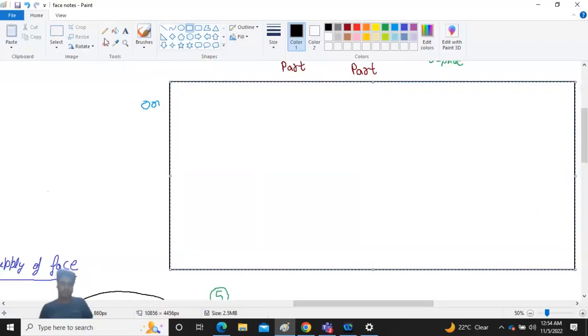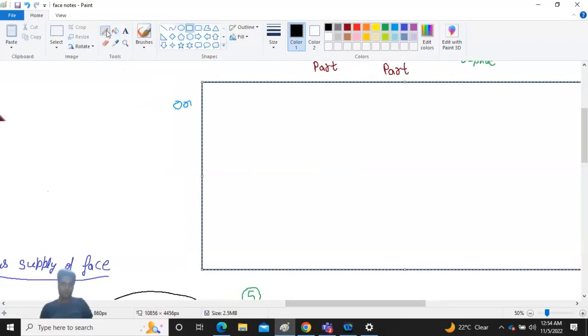And this is the table. So here we draw the things. This is the origin of muscles. Origin.